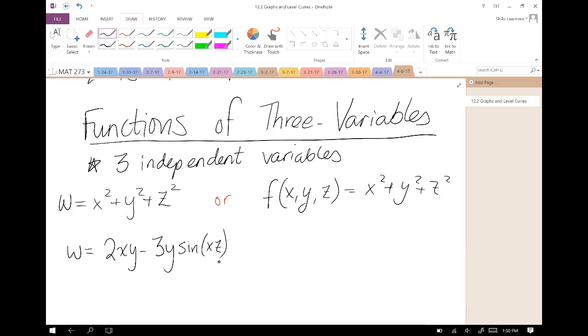W equals 2xy minus 3y times the sine of xz. Just another example of a function of 3 variables. On the right-hand side, we see x, y, and z all as independent variables.